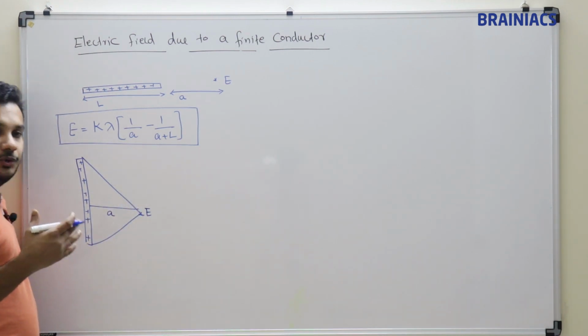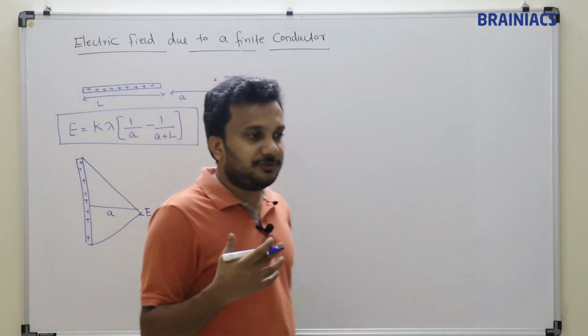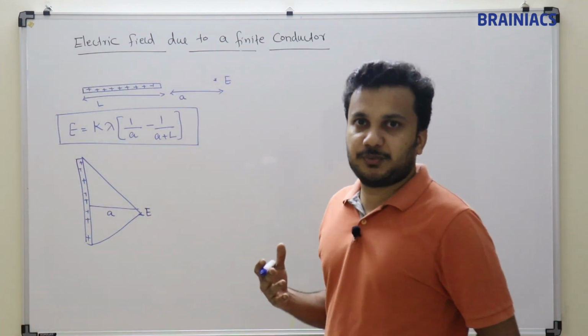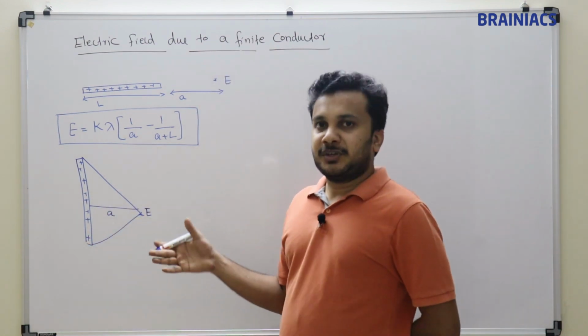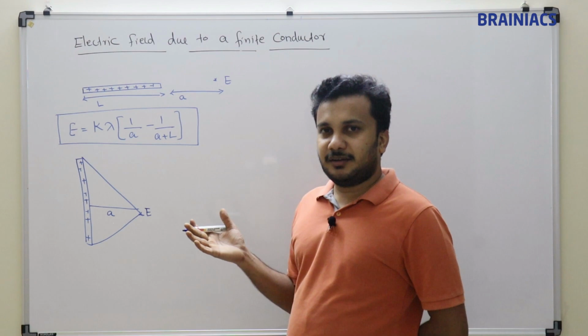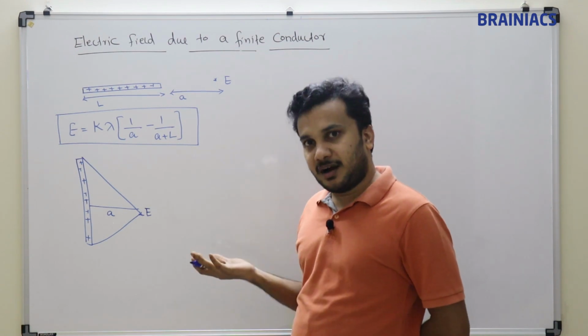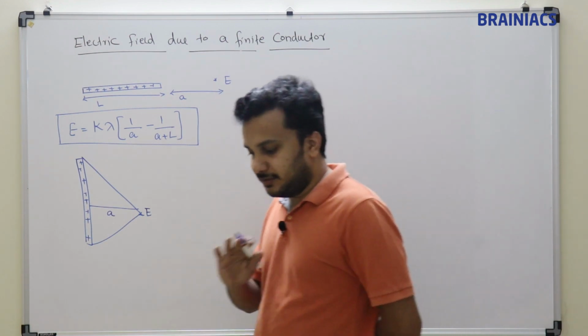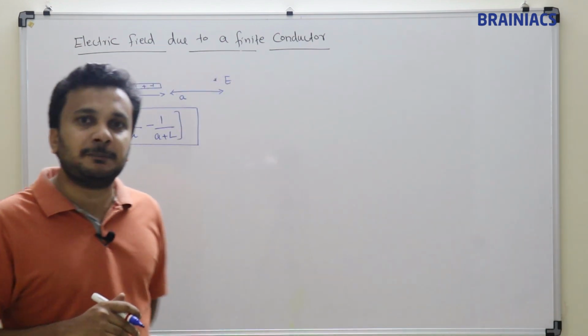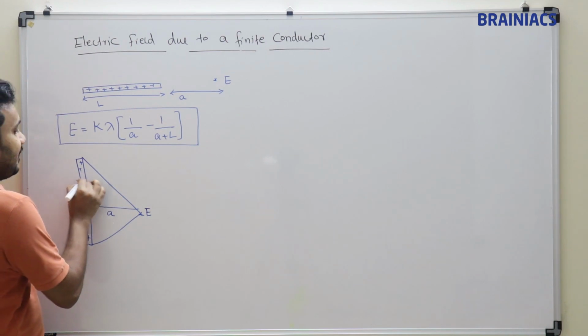What we will do normally to find the electric field for continuous charge distribution cases, and this is also a continuous charge distribution, something similar to your semicircle, quarter circle, or arc. The same case will be here, but it's a straight wire. As a general principle, we'll always take a current element.